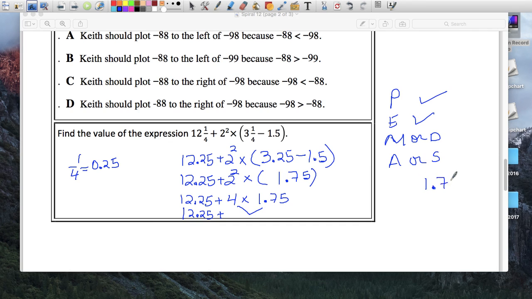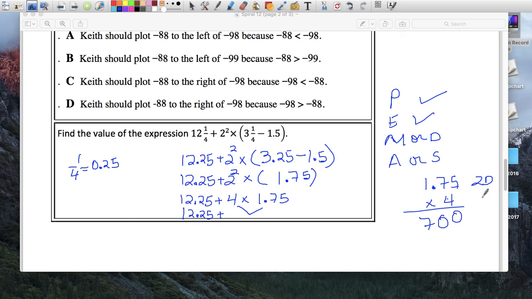So let's multiply that. We get 4 times 5 is 20, goes 2, 4 times 7 is 28, and 2 is 30, goes 3, 4 times 1 is 4, plus 3 is 7. Oops, I forgot to do something. So this particular number here had 2 decimal places.